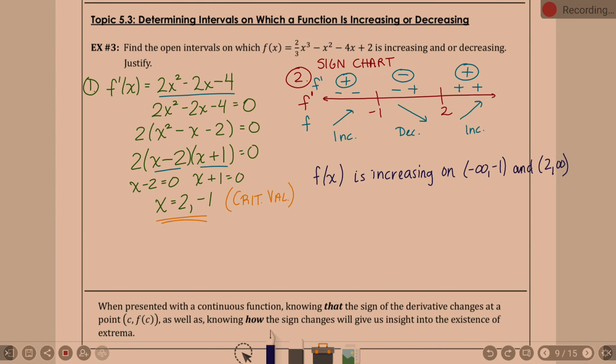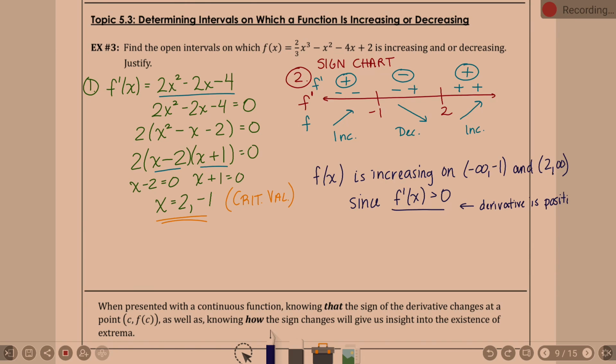Because that's what it says. Because what's positive? It's the derivative. f prime of x is greater than 0. That right there is fancy speak for saying the derivative is positive.